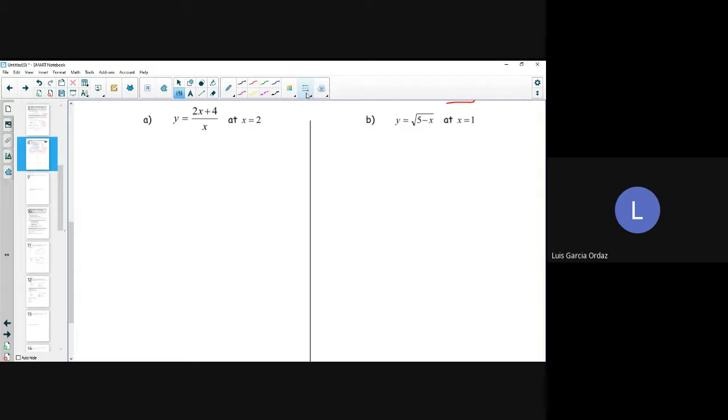So the next one is determine the slope of the tangent line to each curve at the given point. So we have 2a, we have y is equal to (2x plus 4) all over x at x is equal to +2. So again, this is going to be my a, because remember our point is written as a and then f at a, which is why our a is going to be +2.